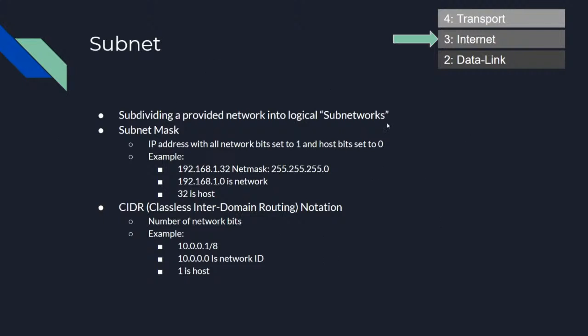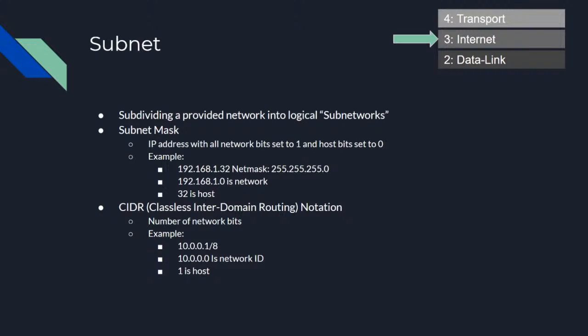And now we have this thing called a subnet. What's a subnet? Well, a subnet is basically a subdivided network. Because IP addresses are so scarce, you need subnetting to divide your networks into smaller portions that you can logically filter out throughout your domain or your network.